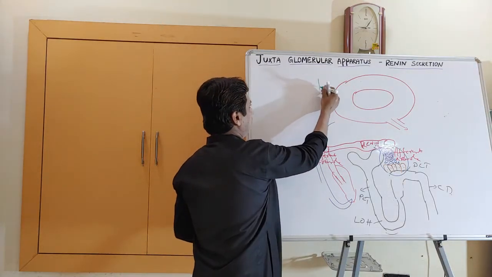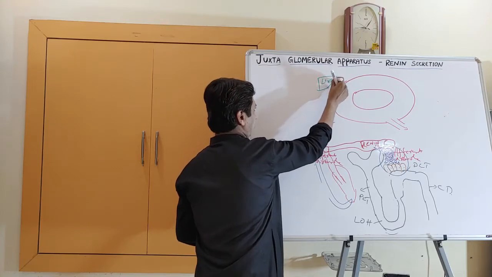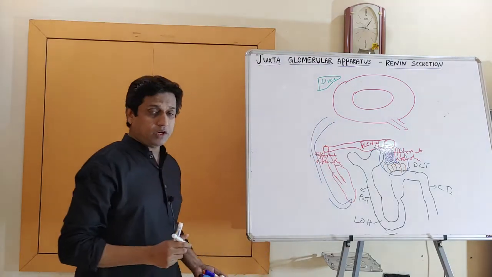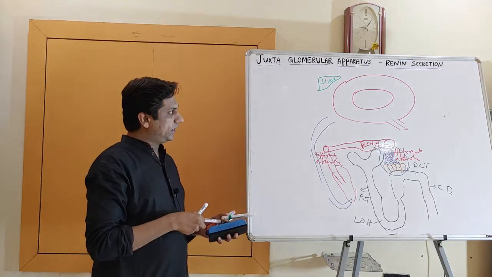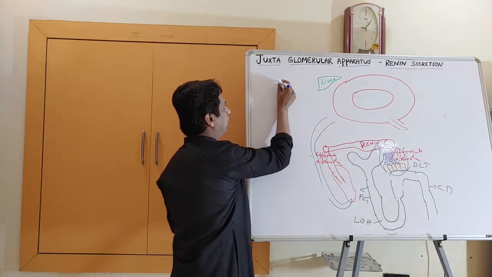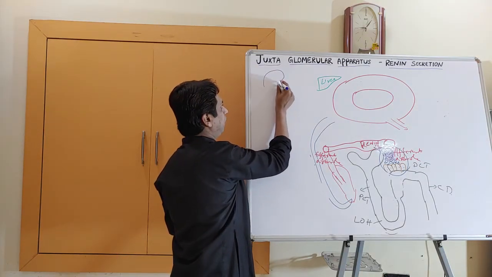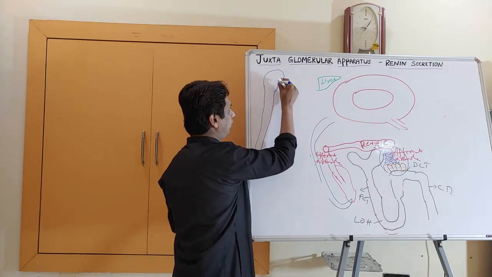I'll draw a rough diagram of the liver. Then our central nervous system, the brain and the spinal cord, also helps, so I will draw a very rough diagram of them.